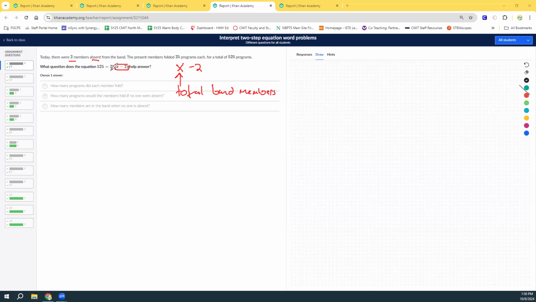And what are we multiplying by 25? 25 programs each. So however many people are there, they're each folding 25 each. We don't know how many people are there, but we know that they folded a total of that much. We can do some backwards math and figure out how many band members were present.